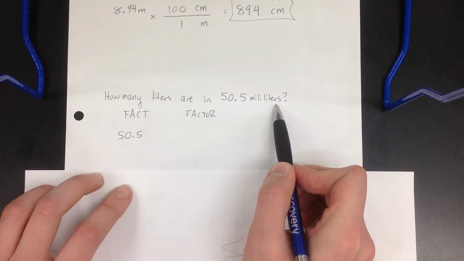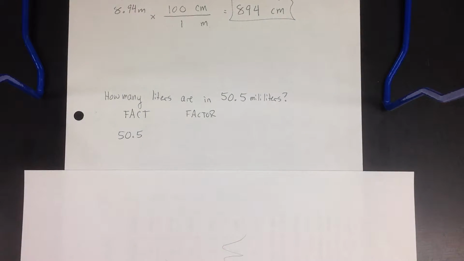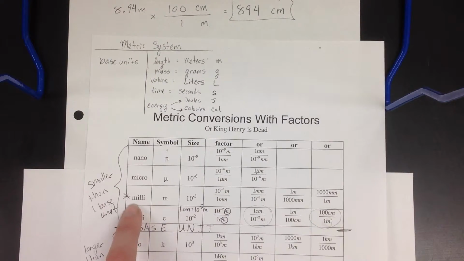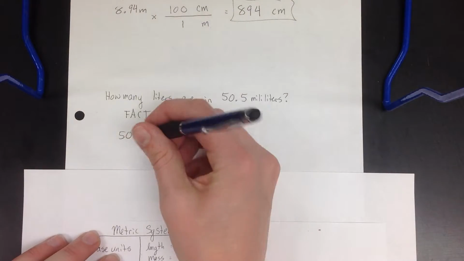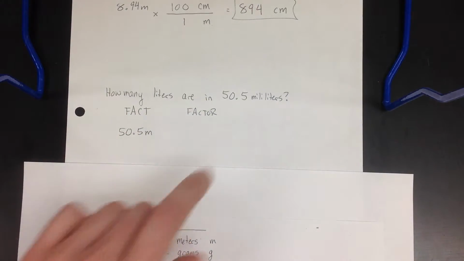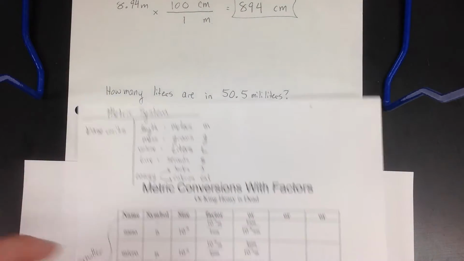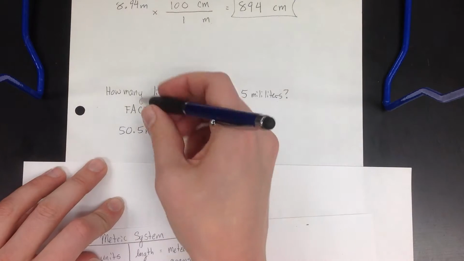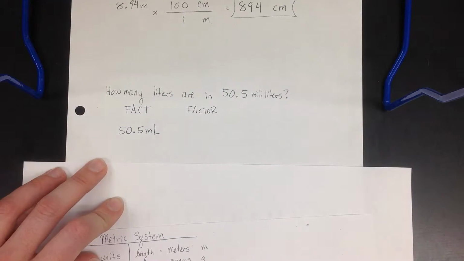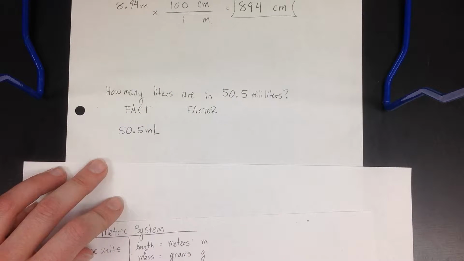Now I wrote this out, so we're going to have to abbreviate this. My milli is written as a lowercase m, and my liters, which is my base unit for volume, is abbreviated as a capital L. So I'm going to write this as a little m, capital L. That's my abbreviation for milliliters.